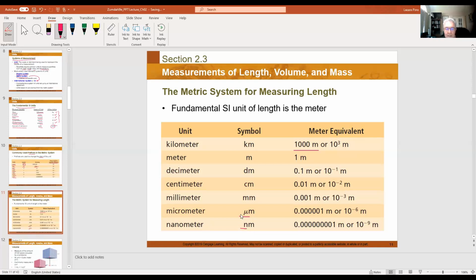Cells can be measured in micrometers. But nowadays we have what we call nanotechnology, where we use nanoparticles. The nanoparticles can be measured in nanometers, that is 10 to negative 9 meter. A micrometer is 10 to minus 6 meter, and so on.